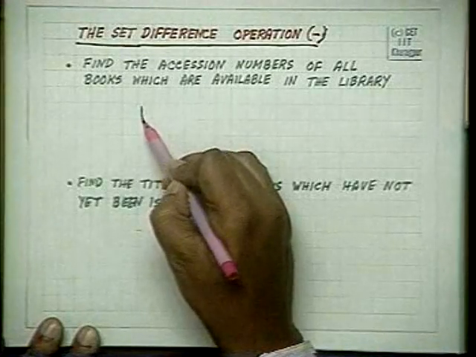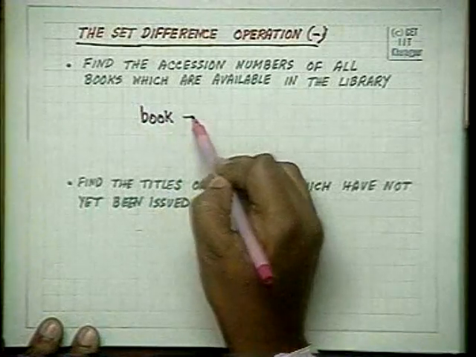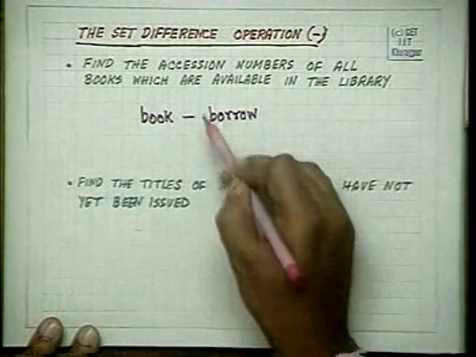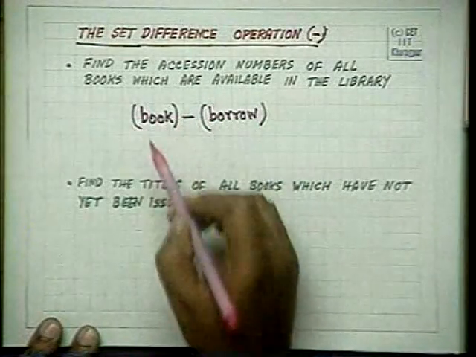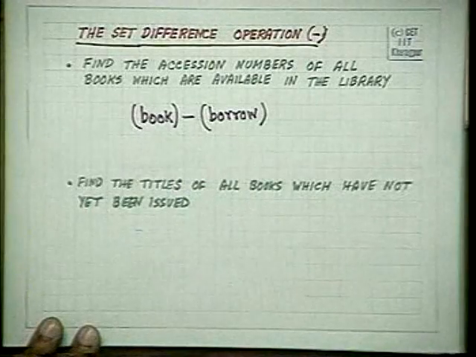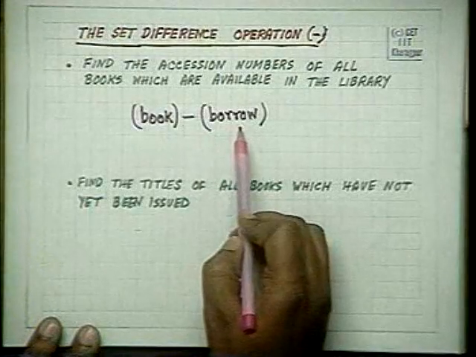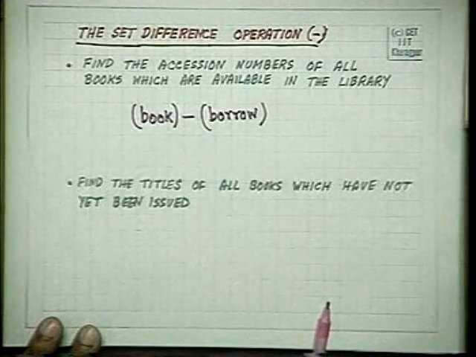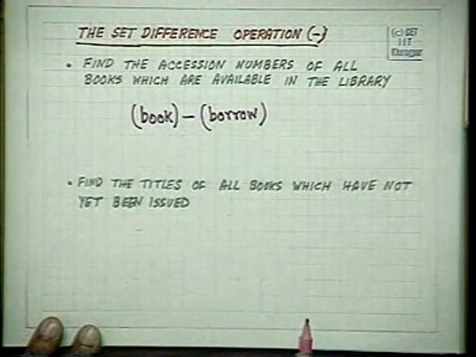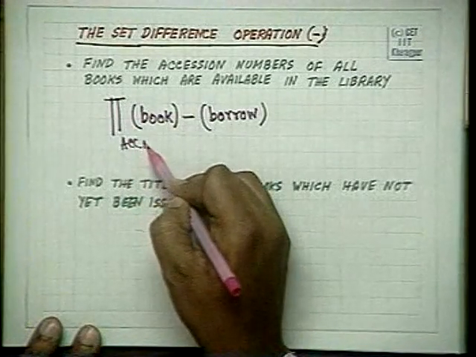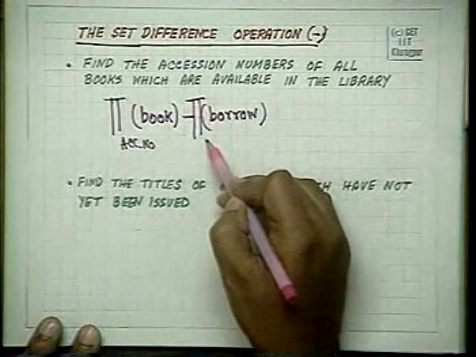Books which are not issued will be simply books minus borrow. Will this give you the relation? This will not give you the relation, because set difference is defined on two relations which have got the same attributes. So you project out the accession number from here and you project out the accession number from here.